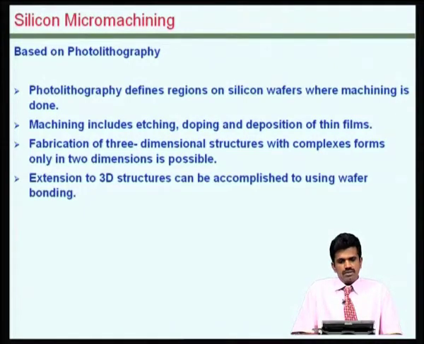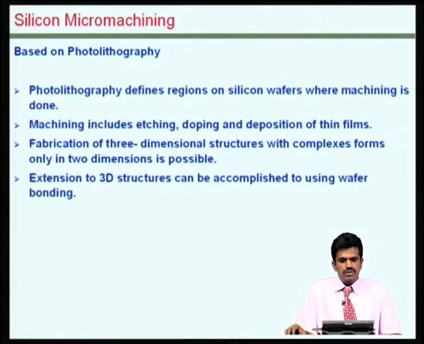In silicon micromachining, the processes are essentially based on photolithography, and it is used for somewhat three-dimensional structures in complex forms, but essentially lithography, as we have seen, is a planar approach.